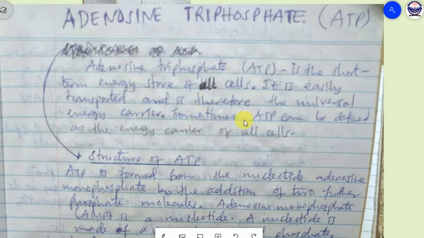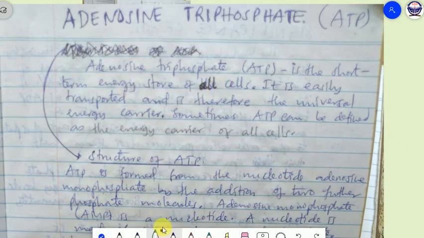Adenosine triphosphate, which is ATP, is the short-term energy store of all cells. This is important for you to know because ATP is present in all cells, and they require ATP to perform different functions which are active.